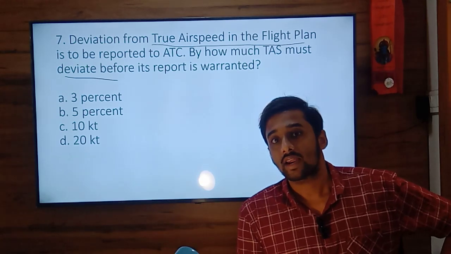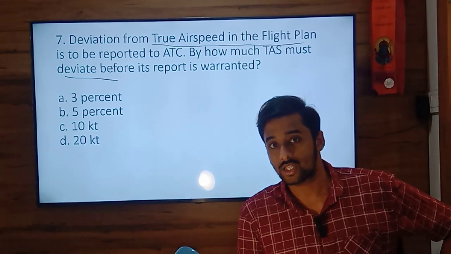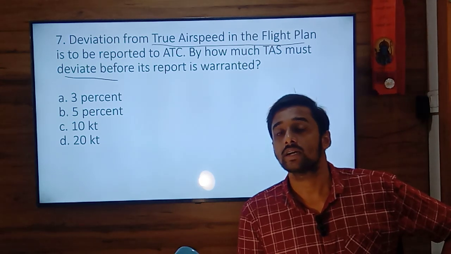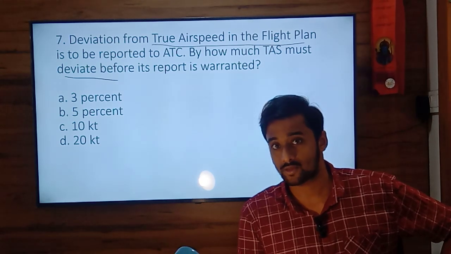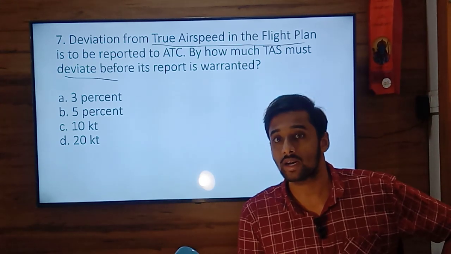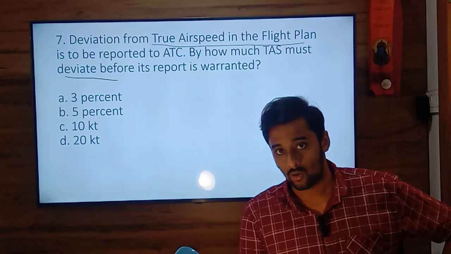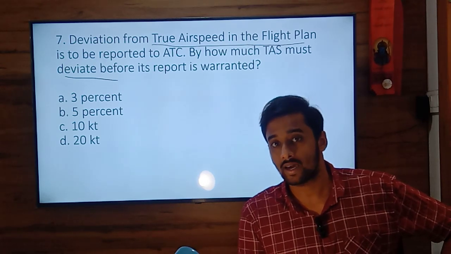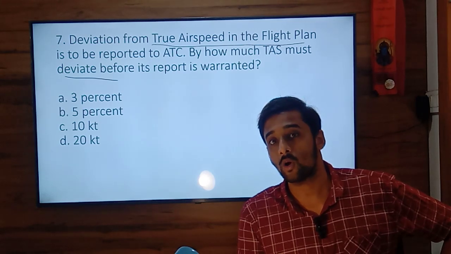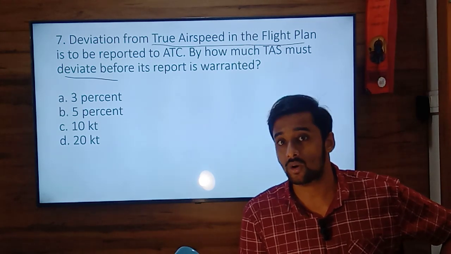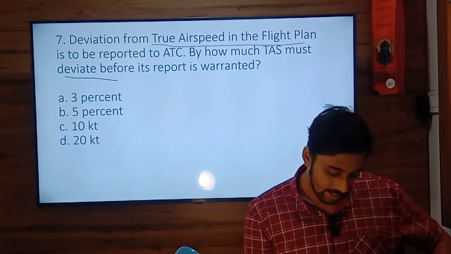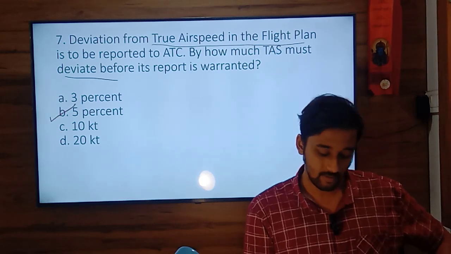Now there is a certain range given to you within which you can deviate from that 500 knots. But if you deviate from that 500 knots beyond a particular limit, you will have to report that to ATC. By rules of the air, they have given a particular limit beyond which your true airspeed should not increase or decrease, and that value is 5%.